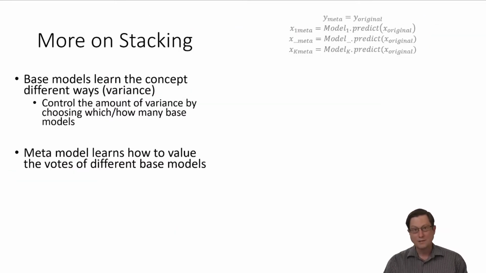A little bit more on stacking. The base models learn the concept in different ways to inject variance. That's one of the things we're trying to do with ensembles. You can control the amount of variance by choosing which and how many base models, and by choosing what hyperparameters those base models should have. Are you going to push them to a point where they're overfitting the concept, or are you going to keep them at a point where they have a high bias for the concept? It depends.